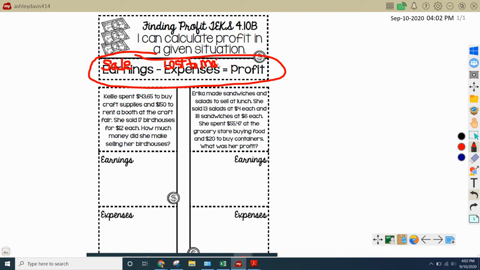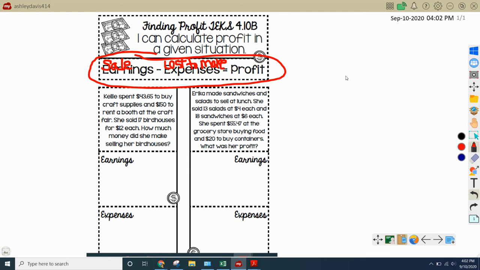Your earnings is how much you're selling it for. The expenses is how much it costs you to make that. And the difference between those two numbers is the profit you're going to make.